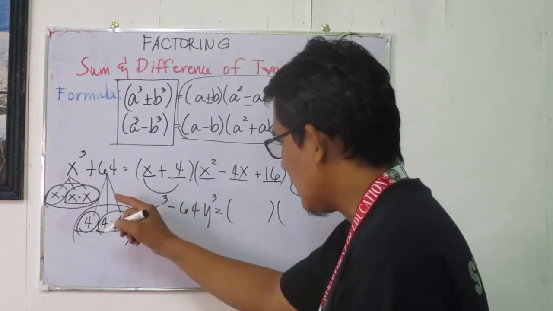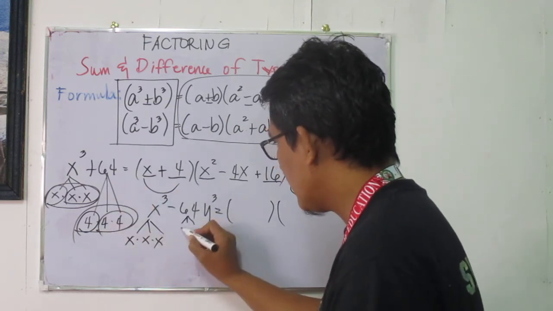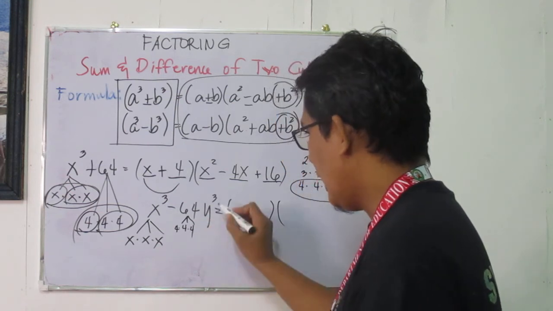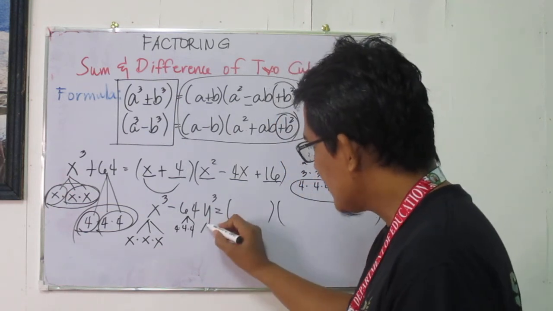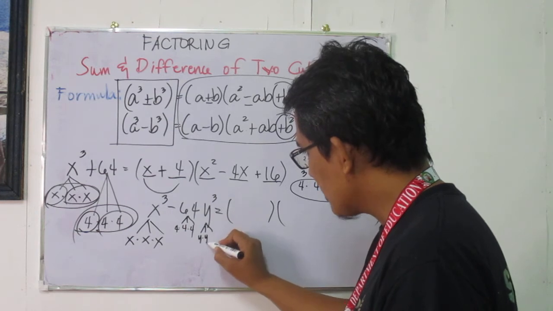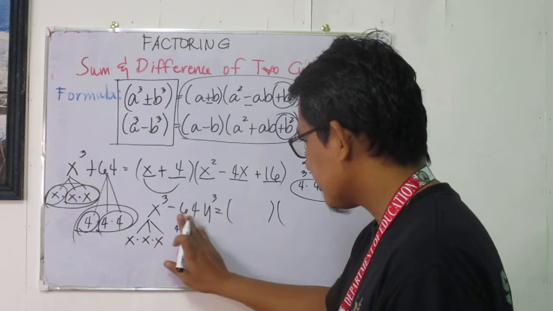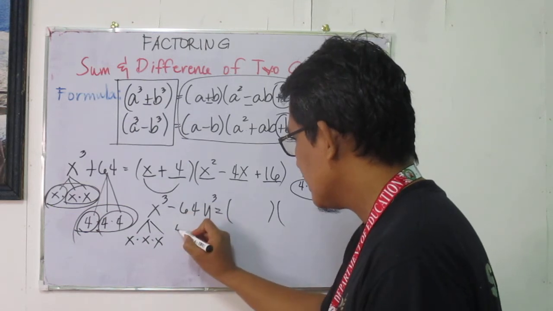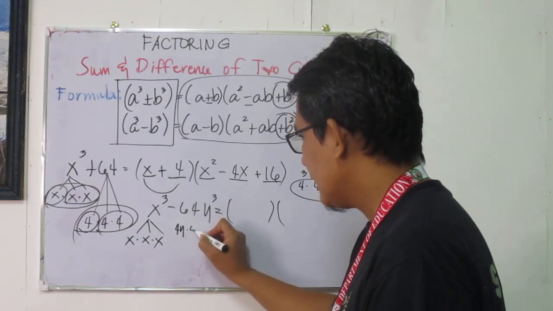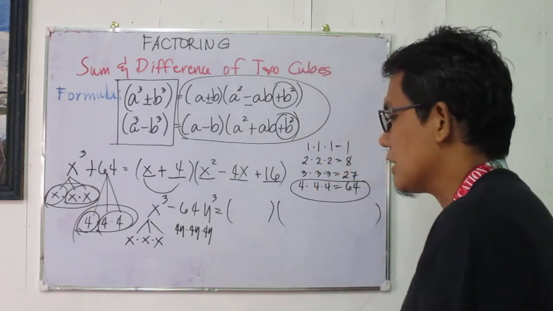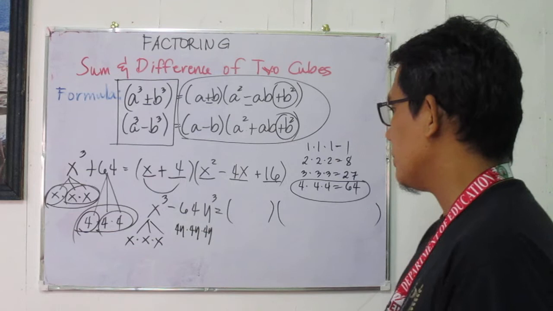Now for 64, that is the same as our first, 4 times 4 times 4. And for y cubed, the same with x, y times y times y. Or since we multiply this one, that becomes 4y times 4y times 4y, which equals 64y cubed.